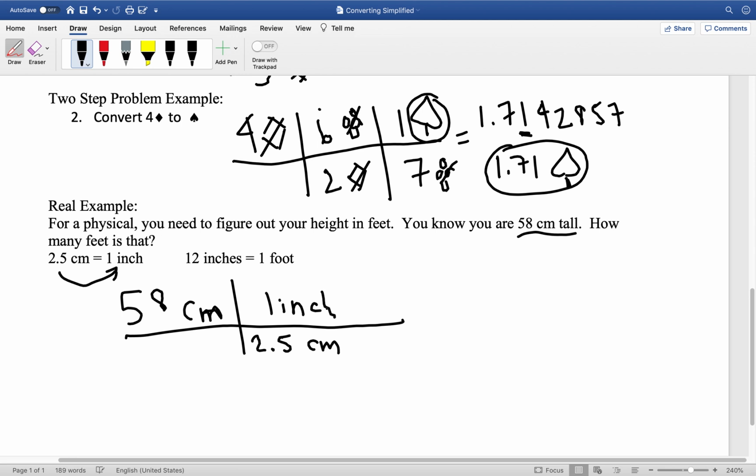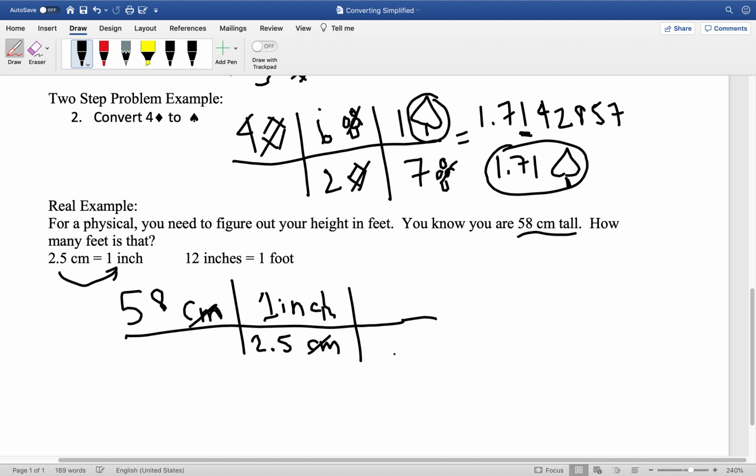Now, I want you to realize that the centimeters cancel. Whatever's left in the top right is the unit that you're left in at that moment in time. So again, if I stopped right now, my answer would be in inches. I don't want inches. I want feet. So I have to do one more step. So I'm going to use this next equality. 12 inches is equal to 1 foot.